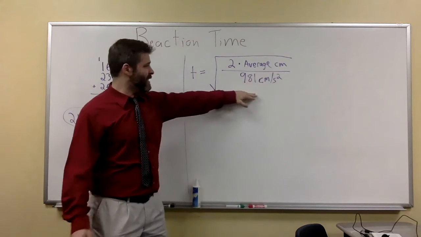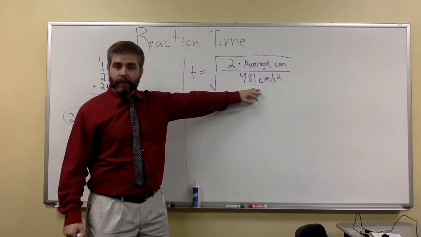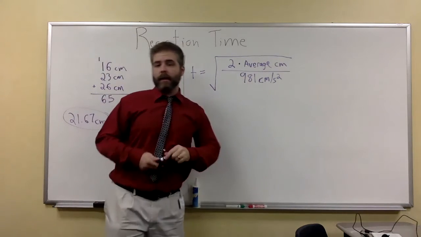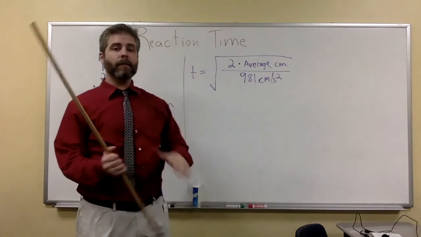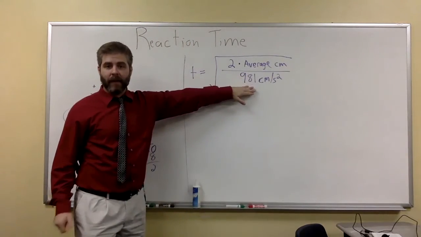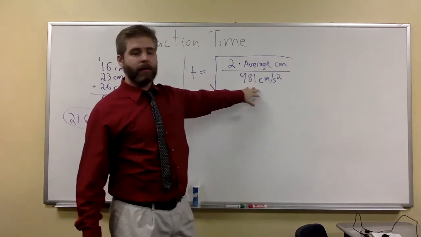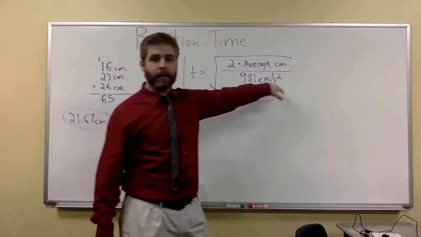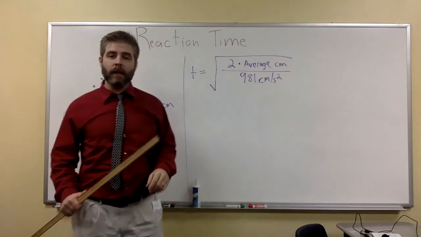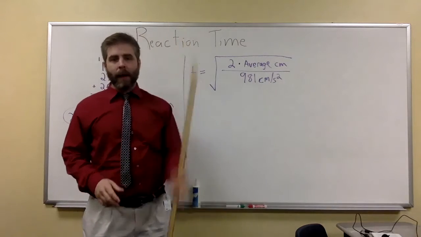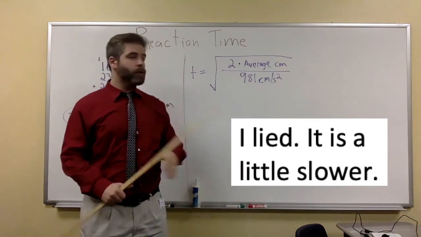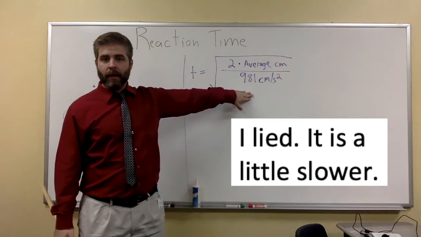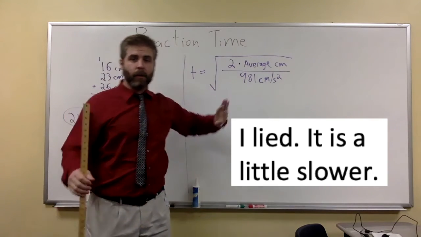What is this number? This is gravity. All right? This is how fast this fell because of gravity. This thing was falling 981 centimeters per second squared. Your video was not actually me dropping it, but me dragging it across the table. I sped it up to gravity, okay? So that number still works.